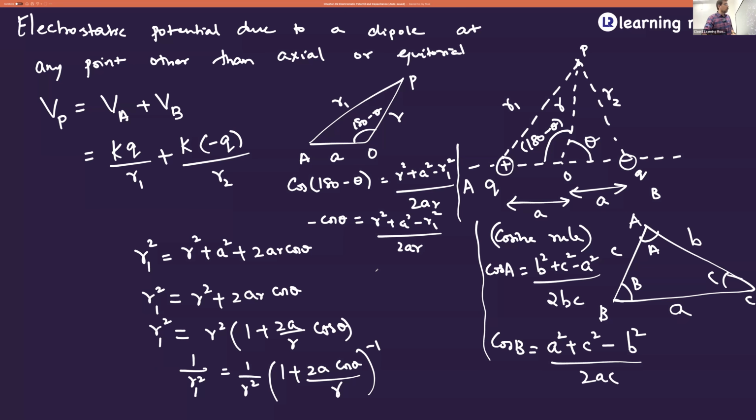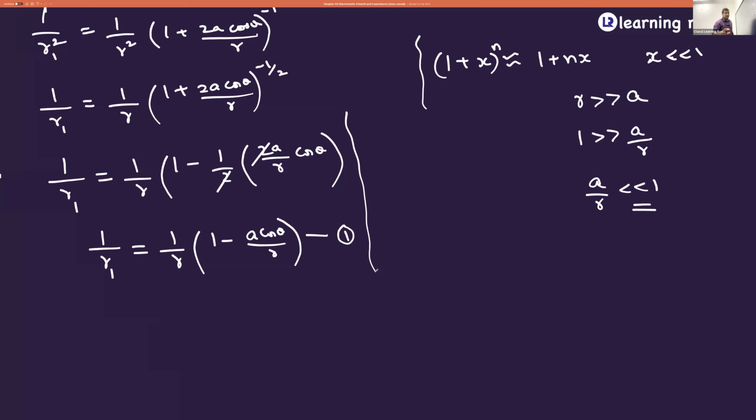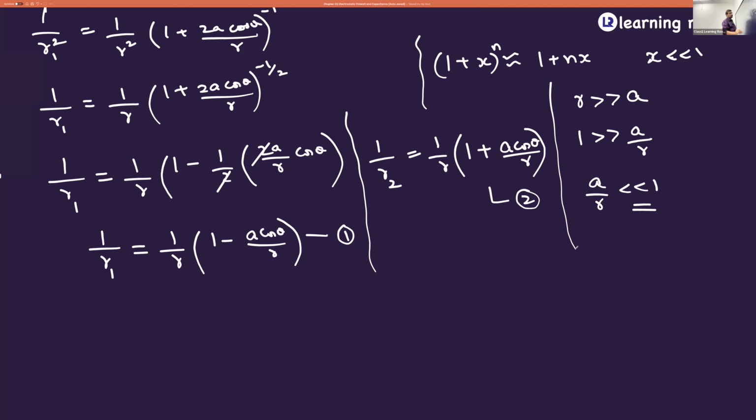On a similar note, from this triangle I can relate R to R2. If we follow the same steps, then I'll get 1 by R2 is equal to 1 by R multiplied with 1, and instead of minus, you'll have a plus. So 1 plus A cos theta divided by R. Let me call this 2.